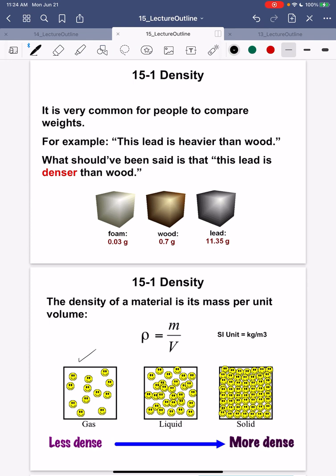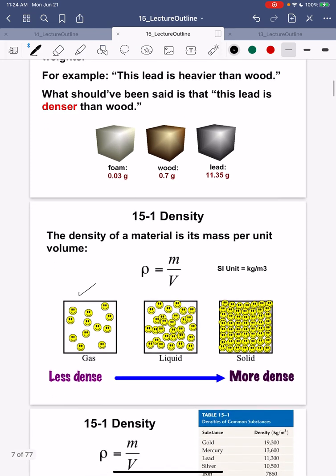And when we move to solids, we have more and more occupying the same volume, which means it is more dense. Usually gases are really less dense. Also, when we talk about different solids, we find that the compactness of the atoms inside is different, and this is why we have different densities.